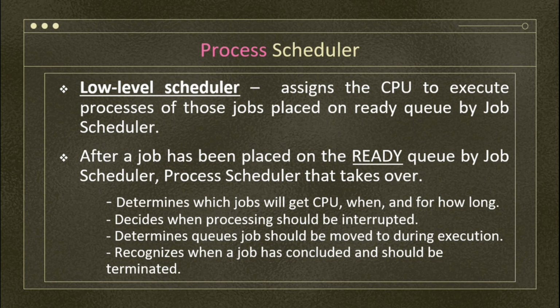Imagine a process scheduler is like the traffic director of your computer, deciding which programs or processes get to use the CPU and when. It's in charge of the execution order of different tasks running in the system.